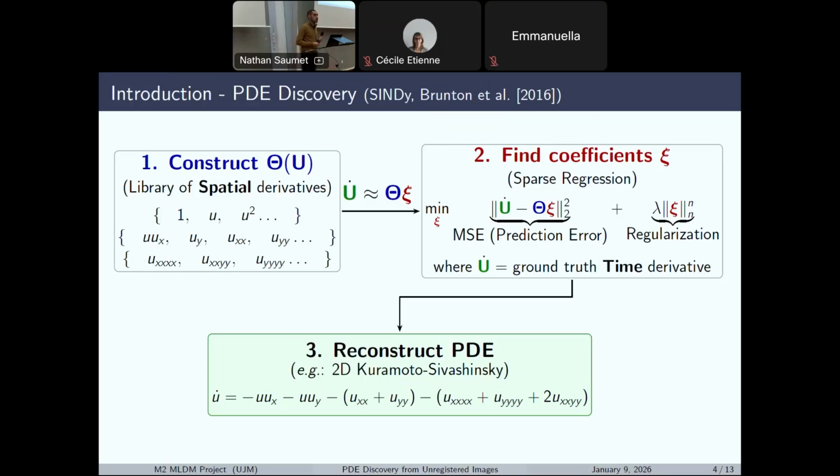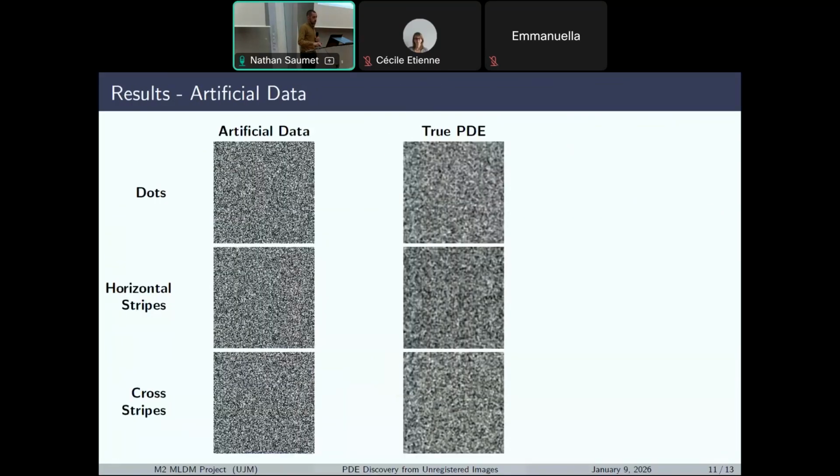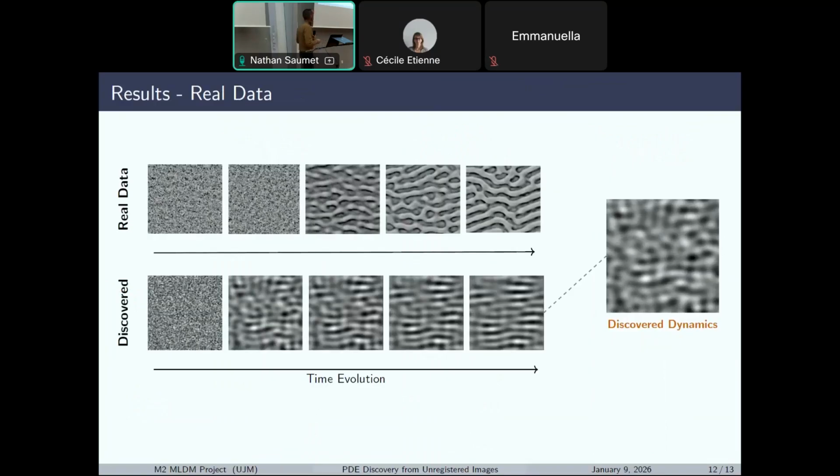Okay, thank you. I was wondering, at the end of your talk, you were showing real images, real data, and you were saying real data are more noisy, but on the images they are quite nice. Yes, they are quite nice, but at the pixel level they are much more noisy.